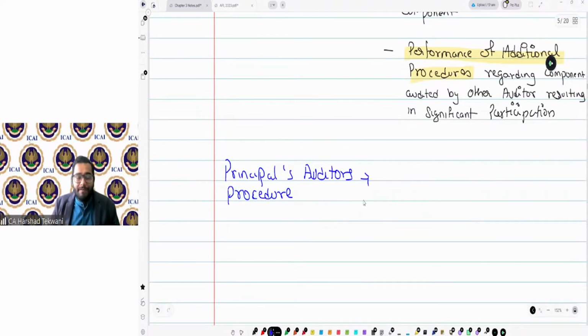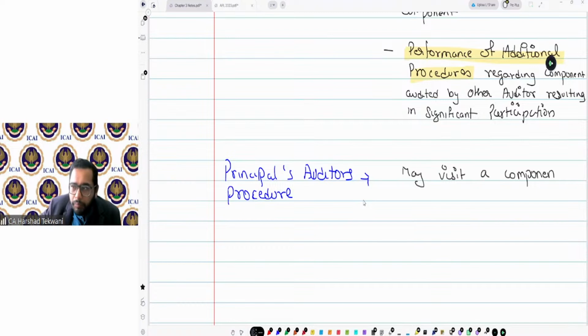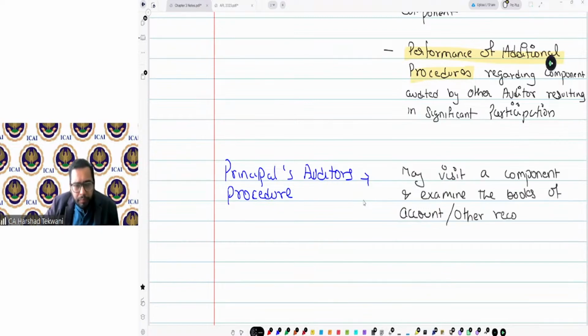The principal auditor may visit a component and examine the books of account or other records in order to satisfy himself.